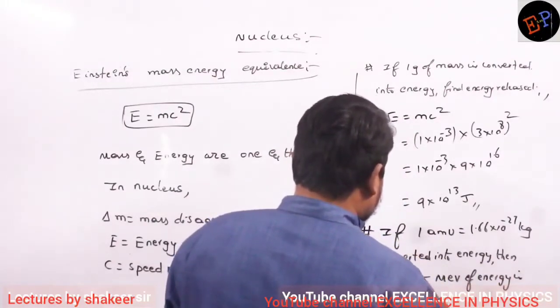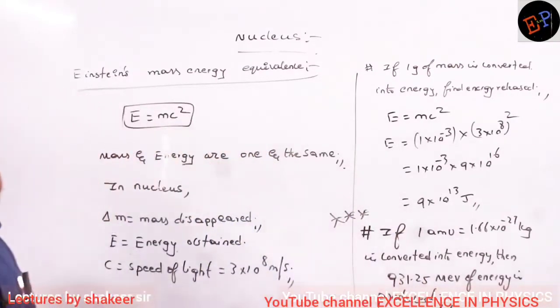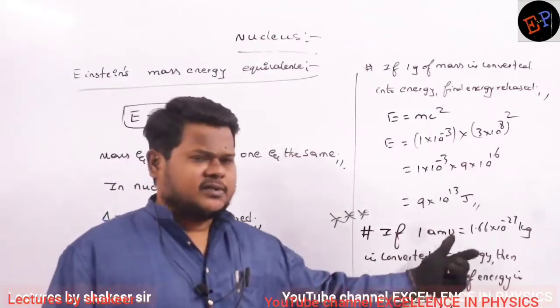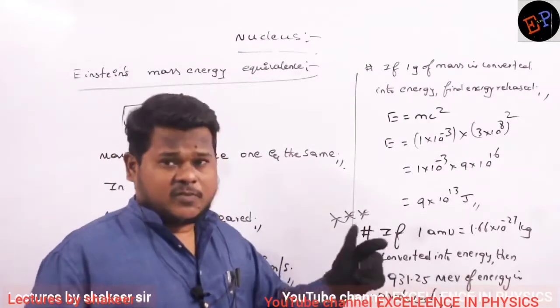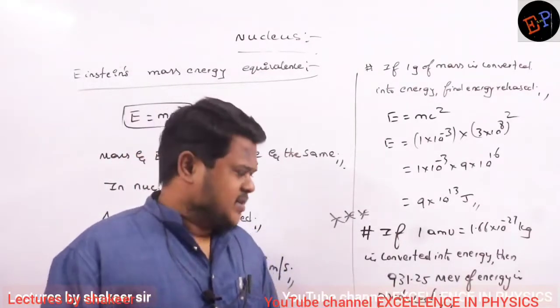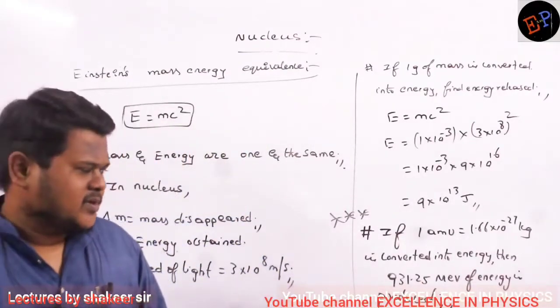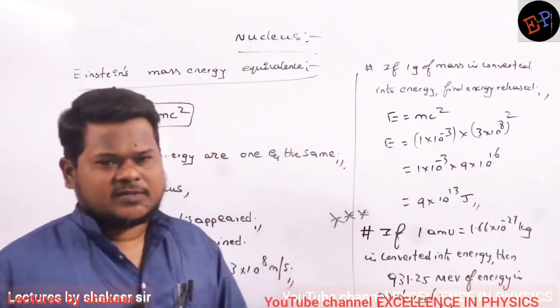Okay, ma? So this is a very, very, very important point. 1 AMU is also mass only, no? 1 atomic mass unit is 1.66 into 10 power minus 27 kg. If 1 AMU of mass is converted into energy, then 931.25 million electron volts of energy will be released. So million means 10 power 6, or you can call it mega also.